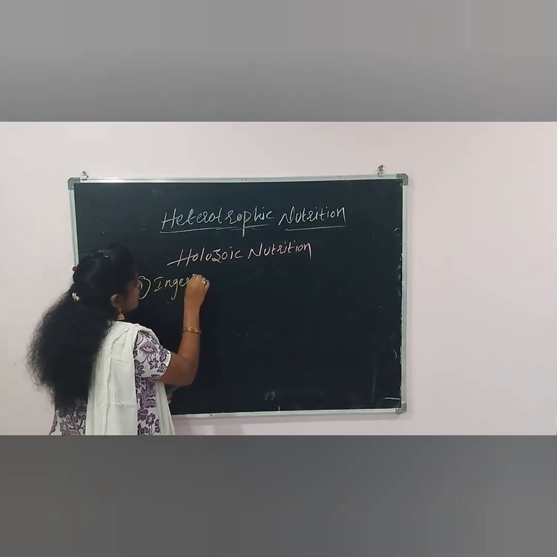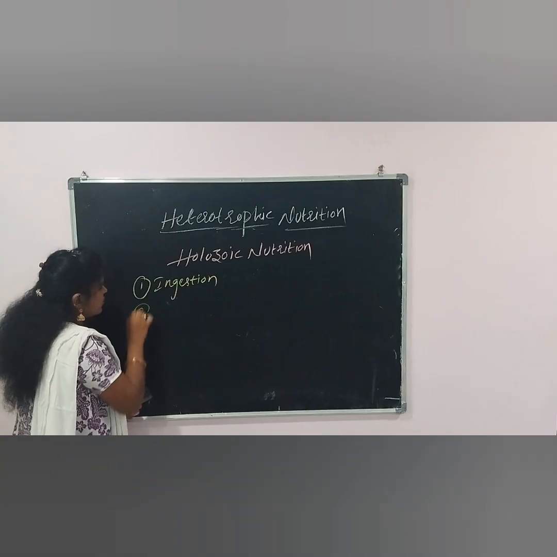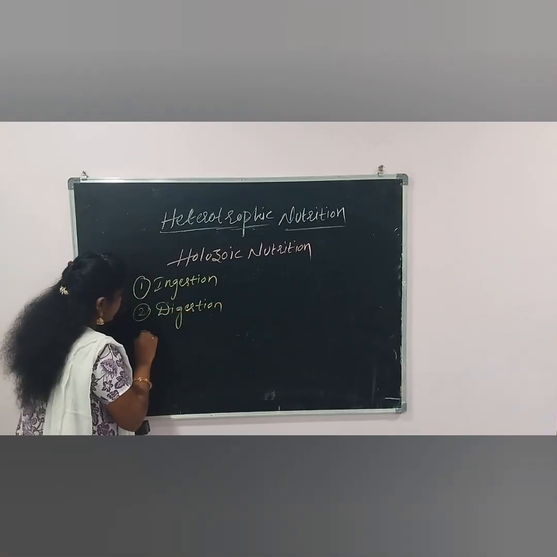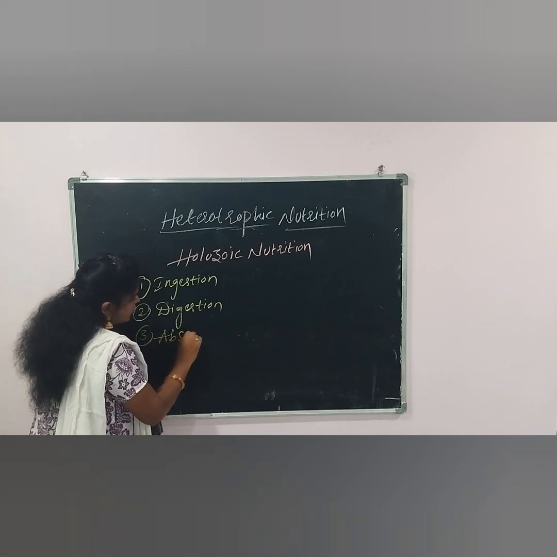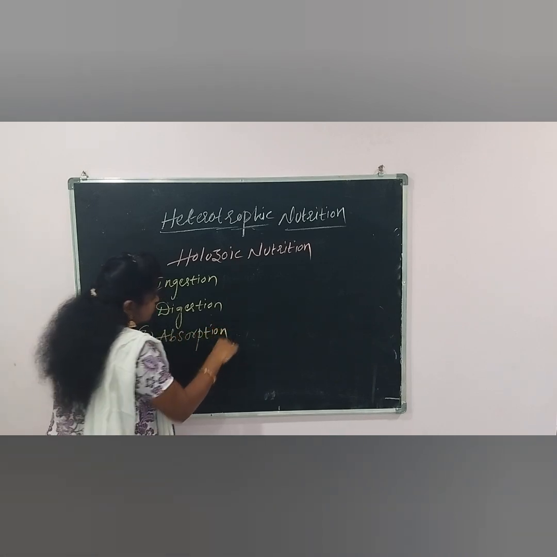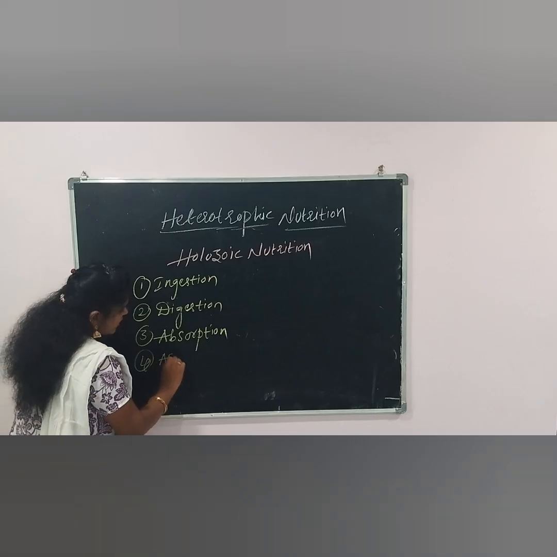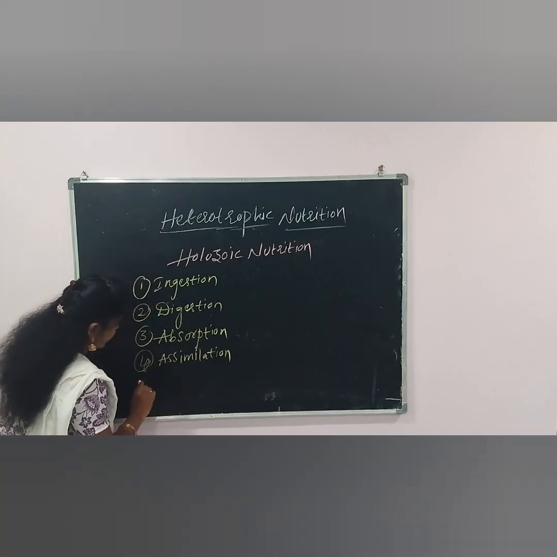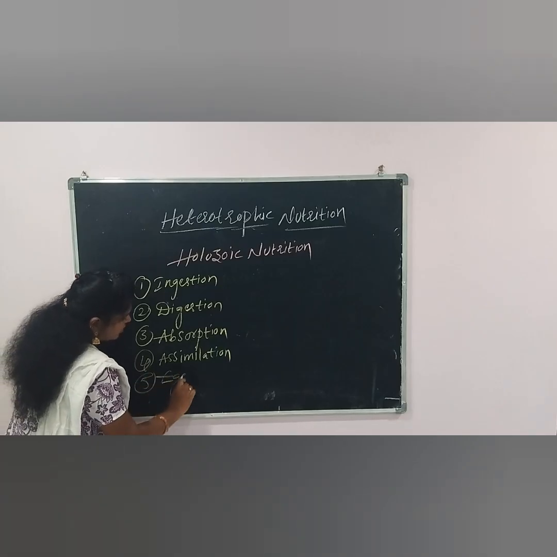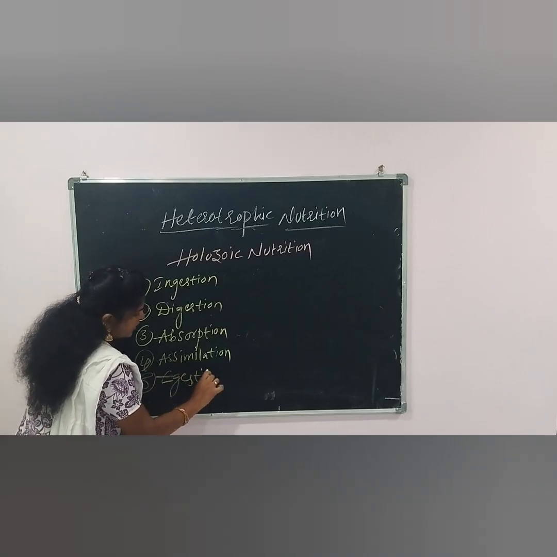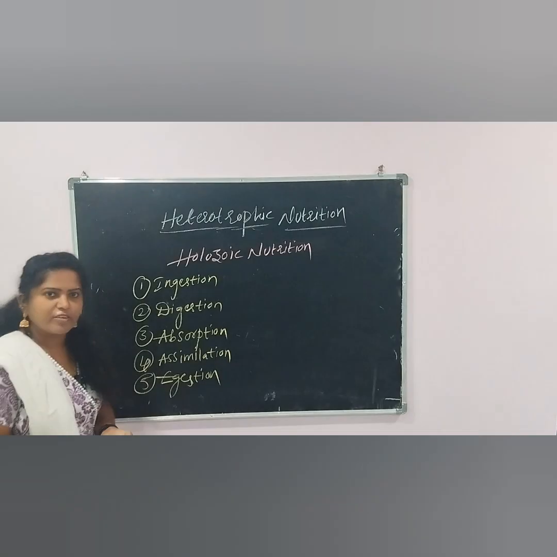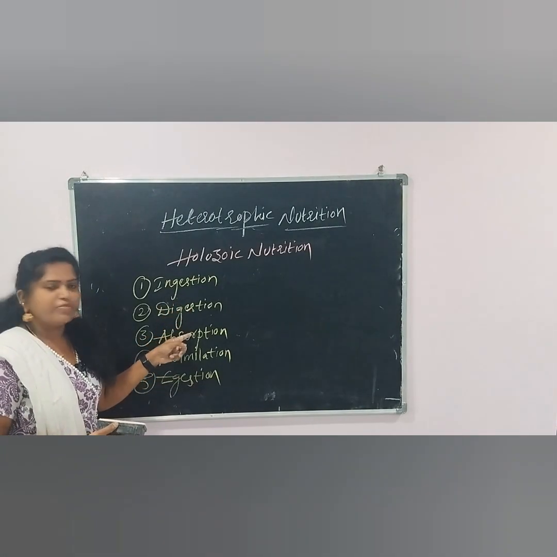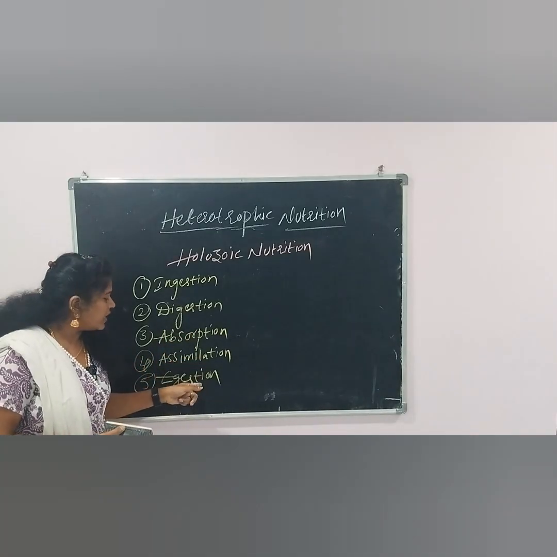First one is ingestion. Second one is digestion. Third one is absorption. Fourth one is assimilation. And fifth one is egestion. The steps involved in holozoic nutrition are ingestion, digestion, absorption, assimilation, and egestion.